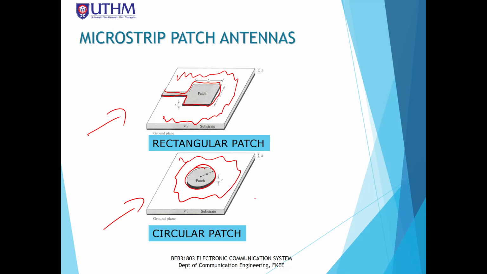But now, since it is a COVID situation, we can only do the design simulation. We cannot fabricate the patch, because if we want to develop the antenna, we need to go to the lab. Kita perlu pergi ke lab dan kita perlu buat proses etching pada substrate tersebut sehingga kita dapat bentuk ini, and then kita buat measurement.